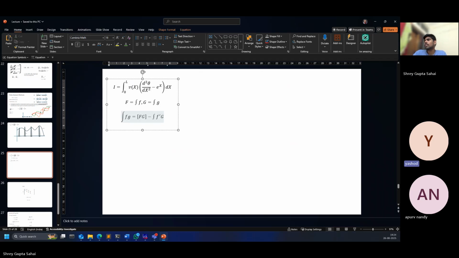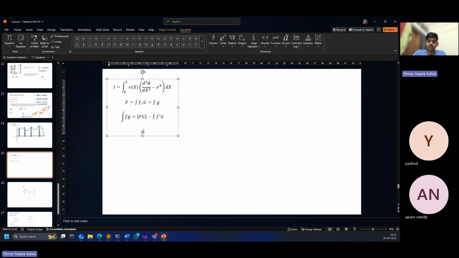UV differentiation. The way I do it is just to check. I'll show it to you. Actually, integration by parts comes from the idea that (uv)' equals u'v plus v'u, and now just integrate the entire thing.